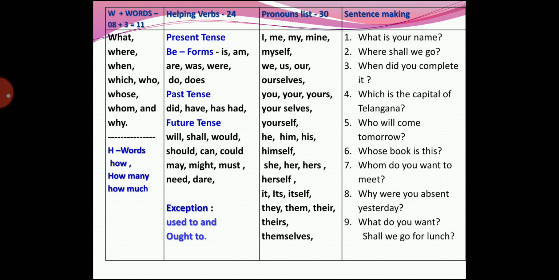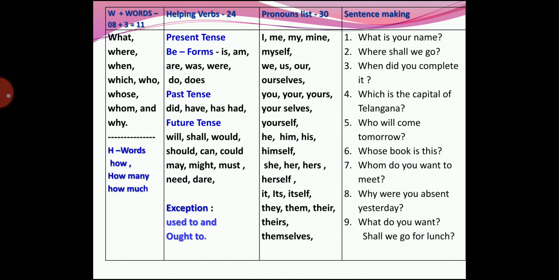Now look at this: 11 are W words and 3 are H words, helping verbs 24 and pronouns 30. See, I would not like to divert you, and I'm not taking any other words. So we are in the same box and not out of the box. So please look carefully.